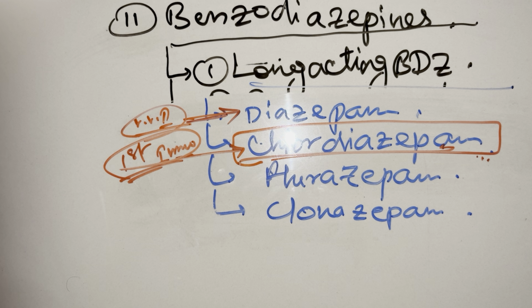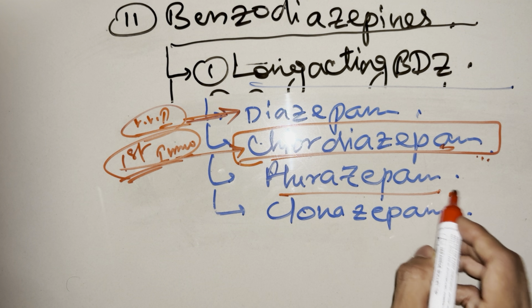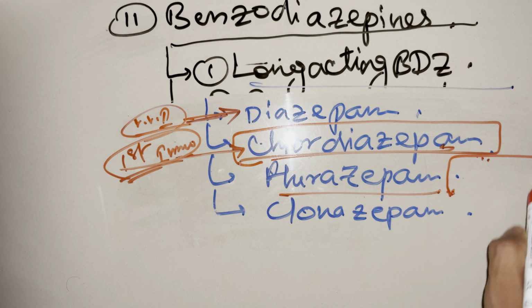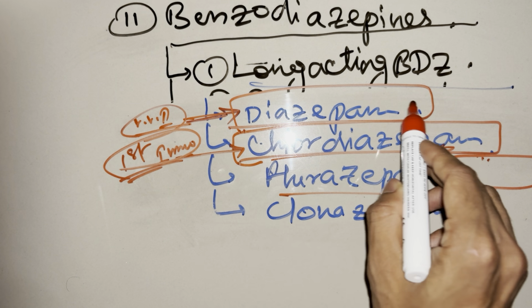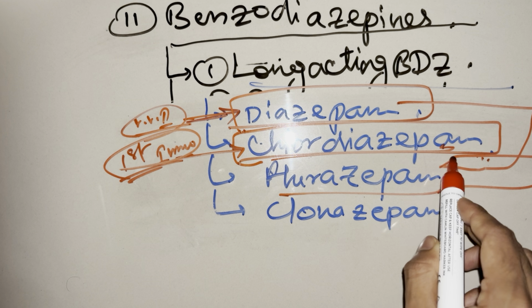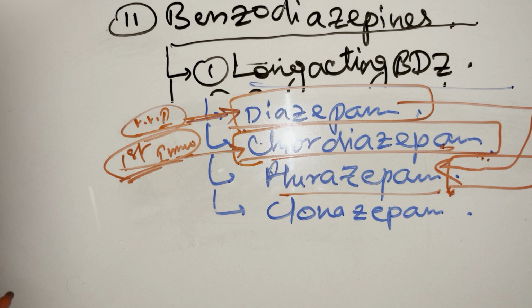Next, flurazepam also acts as a substituent. For example, if diazepam is not available, then you can use flurazepam in its place.